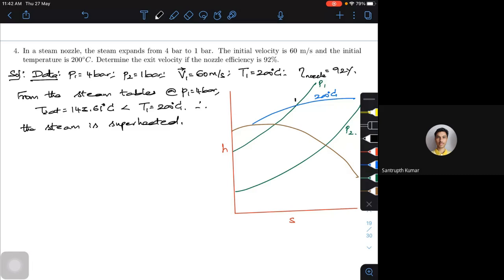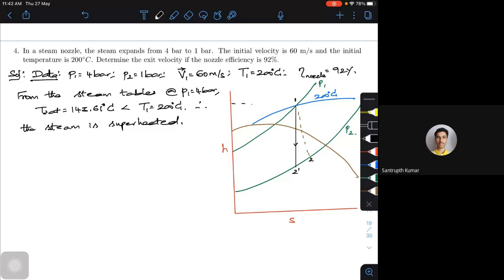Now, if it is purely isentropic, I'll drop a vertical line, and wherever it drops will be your 2s. That is your isentropic expansion. But this is an actual expansion because there is a nozzle efficiency, so there is an increase in entropy. The actual one will be your point 2.